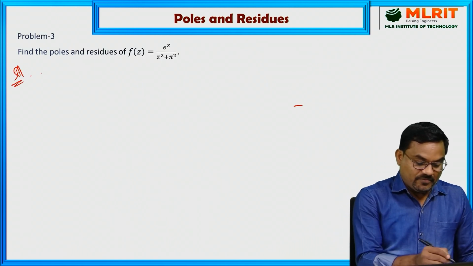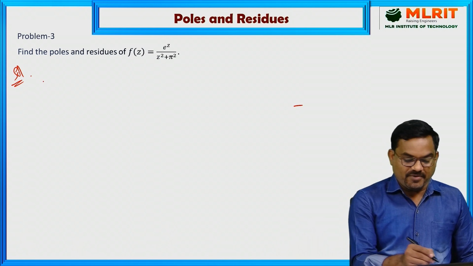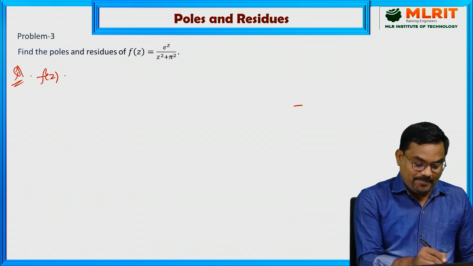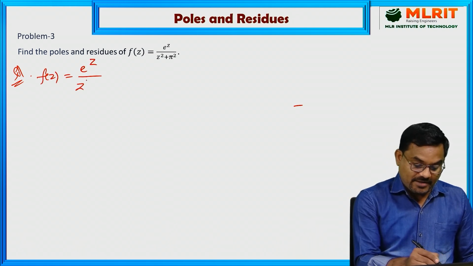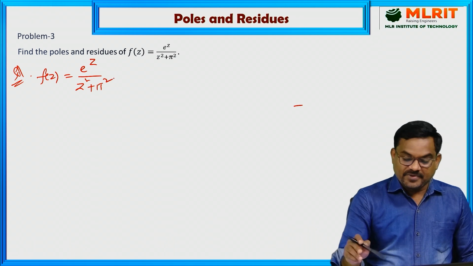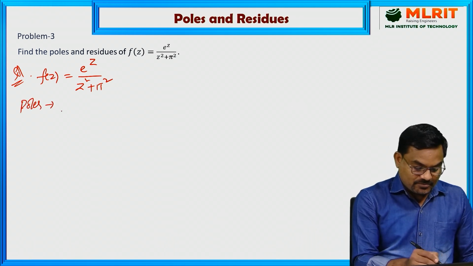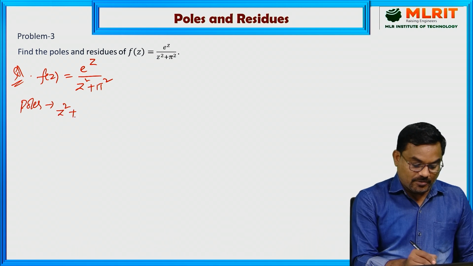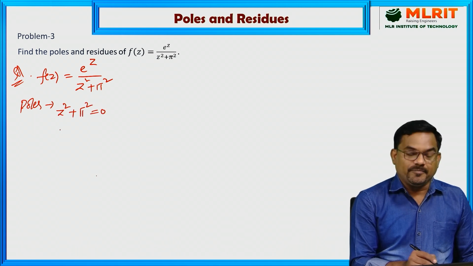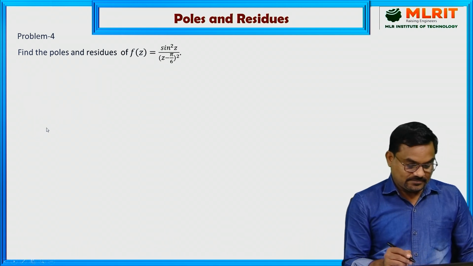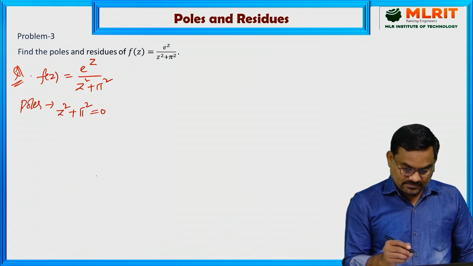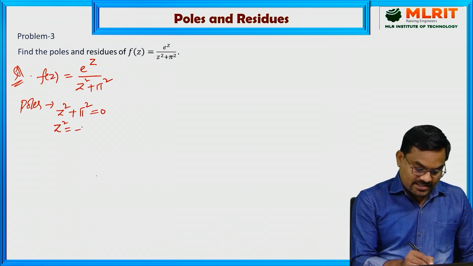Here, find the poles and residues of f of z equal to e power z by z square plus pi square. So again, to find the poles, first we need to equate the denominator to 0. z square plus pi square is 0. So z square is minus pi square.